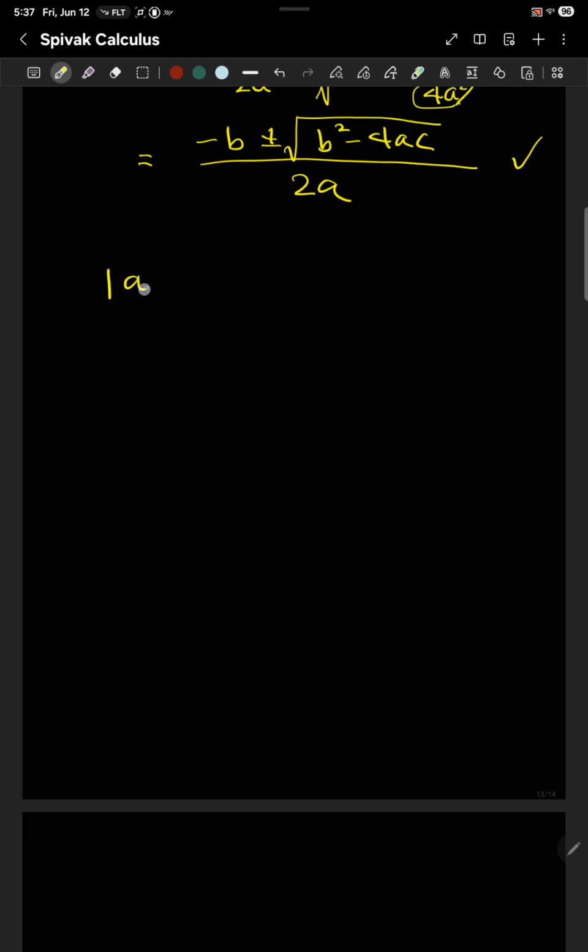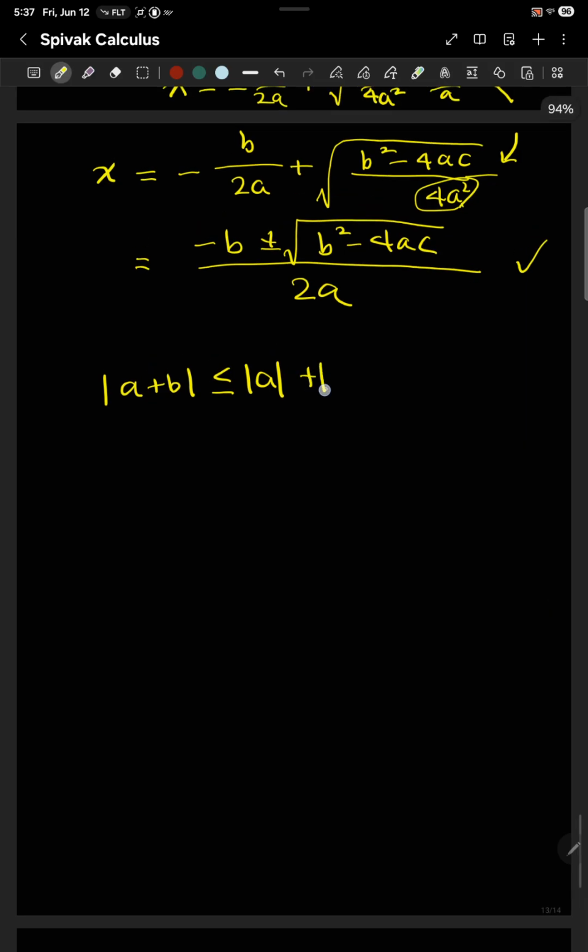The theorem is: the absolute value of a plus b is less than or equal to the absolute value of a plus the absolute value of b. Why is that? Let's start with some of the cases.